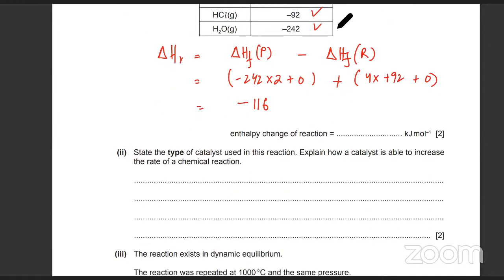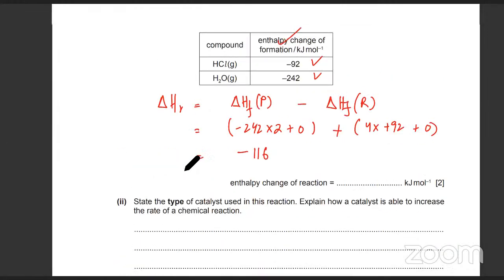The next one is, so hold on a second. So now the next one is, state the type of catalyst used in this reaction. Explain how a catalyst is able to increase the speed of the rate of the chemical reaction.